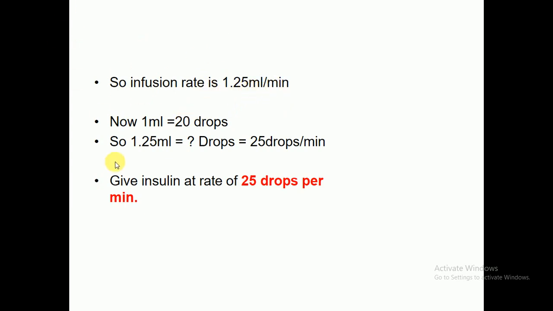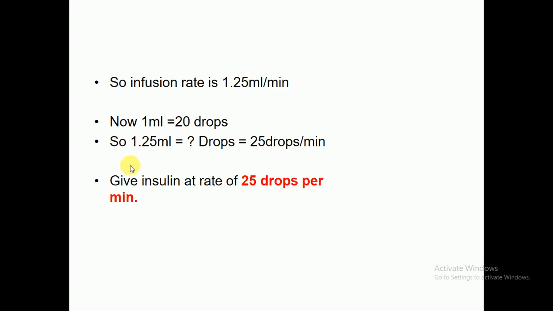In the third step, we know that 1 ml contains how many drops? 20 drops. Usually it contains 16 to 20 drops, but here I have mentioned 1 ml is equal to 20 drops. So in order to calculate it, 1.25 ml will be equal to how many drops?